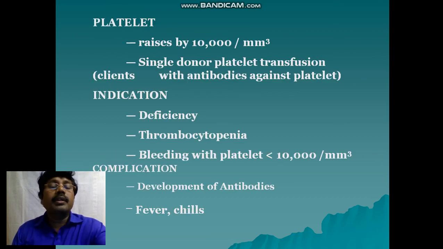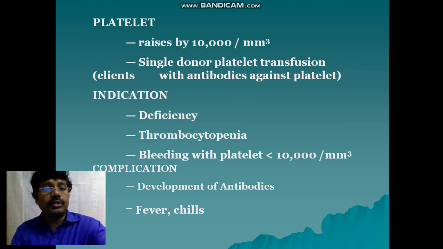Platelets can also be transfused; the platelet count rises by 10,000 per cubic millimeter. Single donor platelet transfusion can also be given. Clients with antibodies against platelets can receive this platelet transfusion.